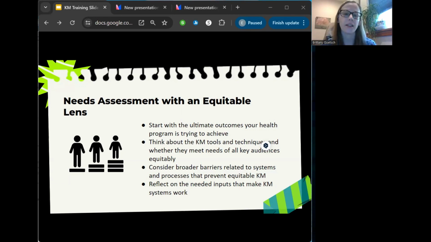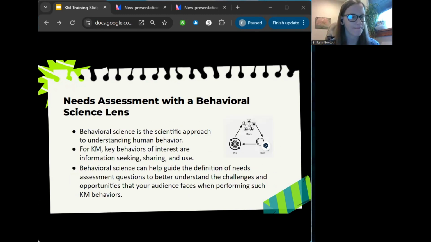And beyond that, consider who's involved in the process. What are their preferences? Equity can be affected depending on how the process is implemented or how policies and norms influence or drive decisions. The equity checklist in the KM training package is a valuable resource to incorporate aspects of equity into assessing needs. Next slide.